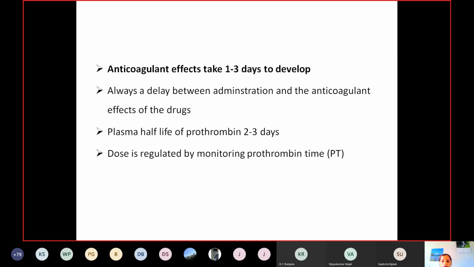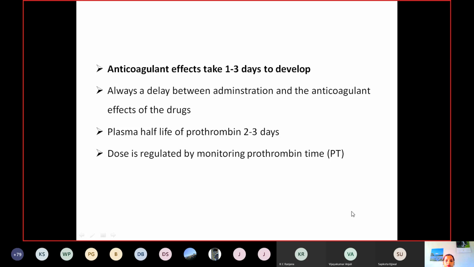Do you know what prothrombin time is? It is the test done to assess the extrinsic and common pathway, to see whether there is any defect in the extrinsic pathway or not. Prothrombin time is the time taken by the plasma to clot. Normally it is 11 to 13 seconds in a normal patient without any defect.